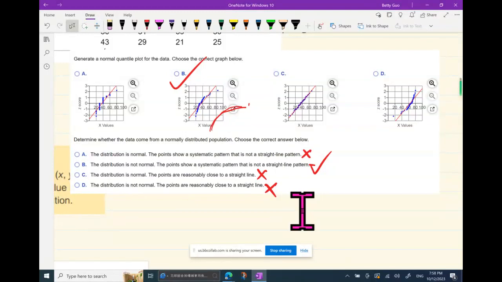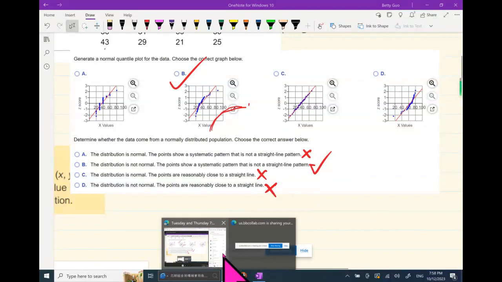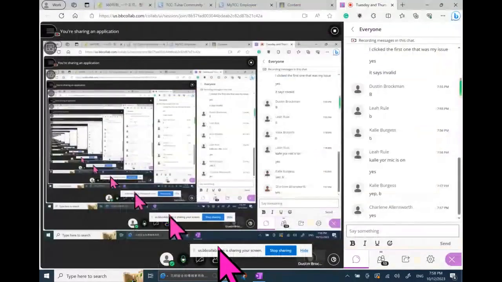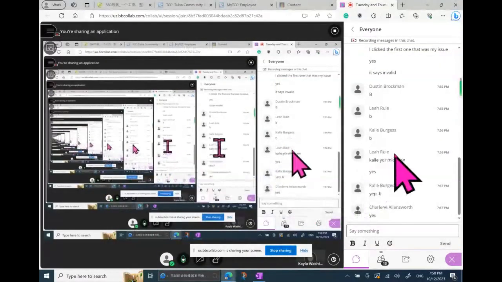Yes, you do have to do that. And it's always good to do that. Adjust the window, then you can see the whole picture better. Did I answer your question? Yes, thank you. Okay, no problem.